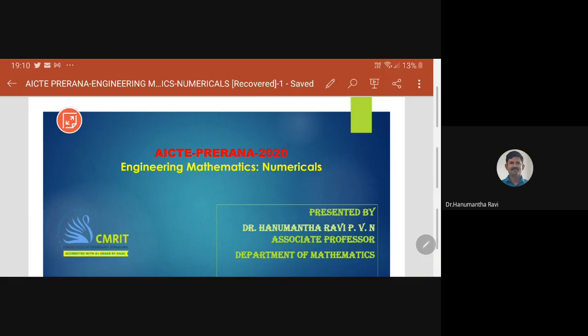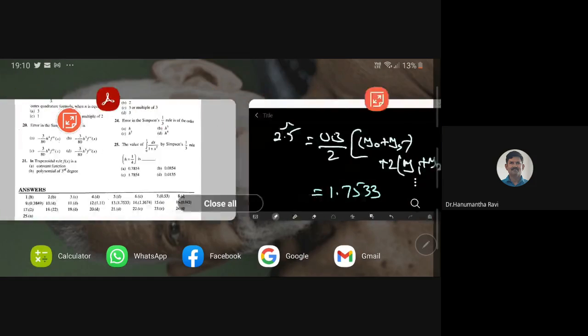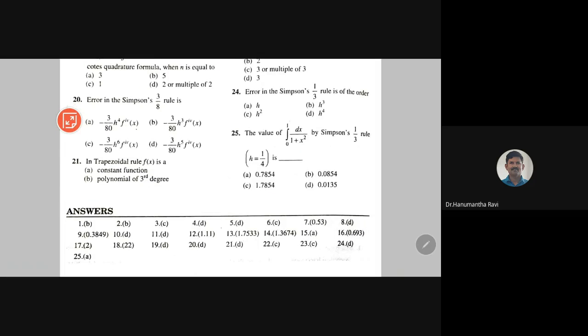You can also see, in a similar way, all these problems are similar ones, right?